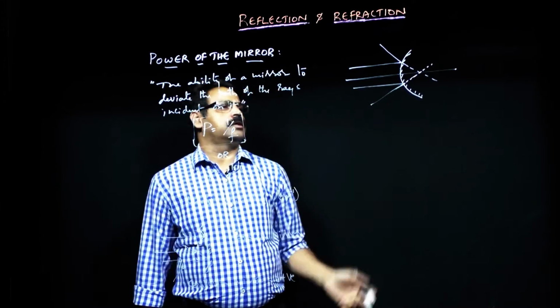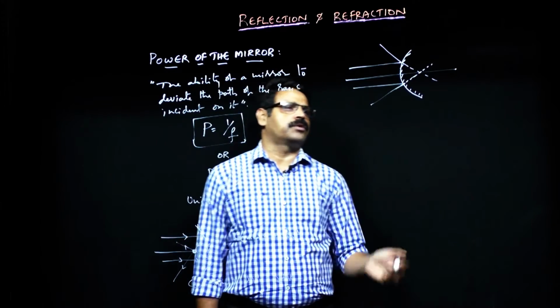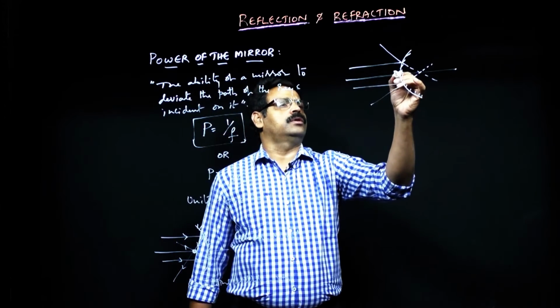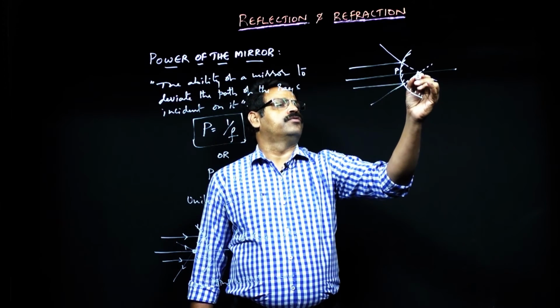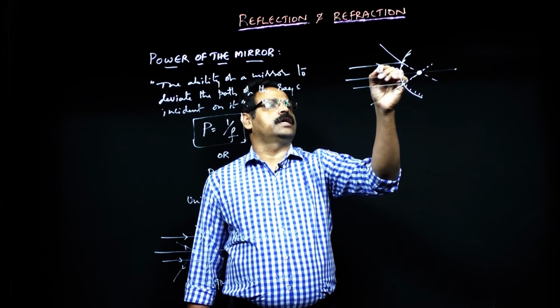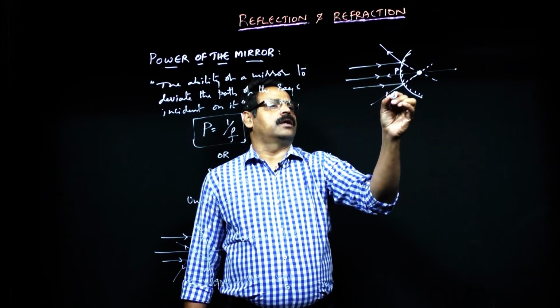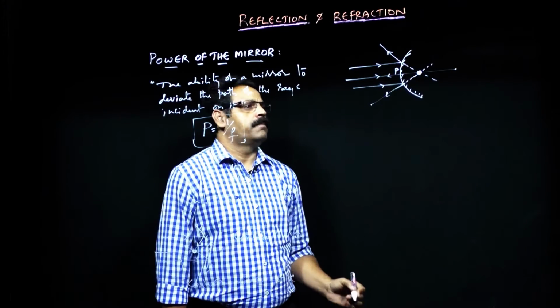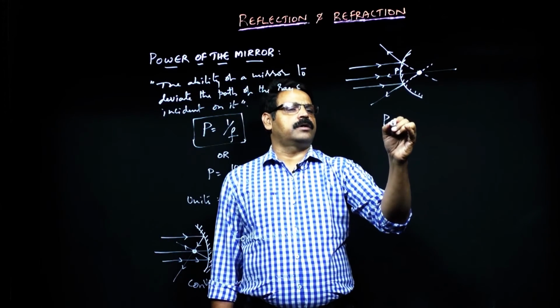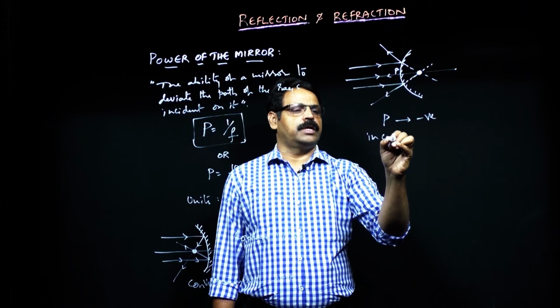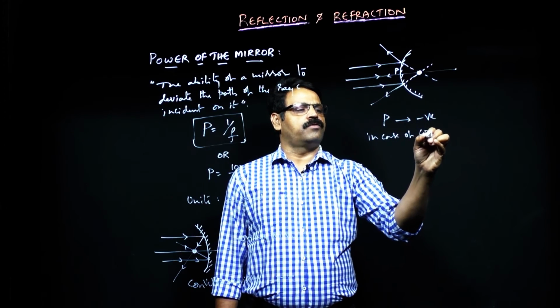If the object is at infinity, then the image is at the focus, or if it is moving towards the pole, then it will be between the pole and focus. So this is the actual reflected ray and you are taking the extension behind the mirror. That is the reason power is going to be negative in case of convex mirror.